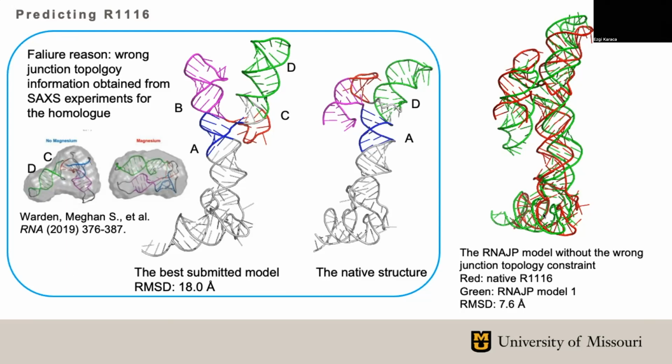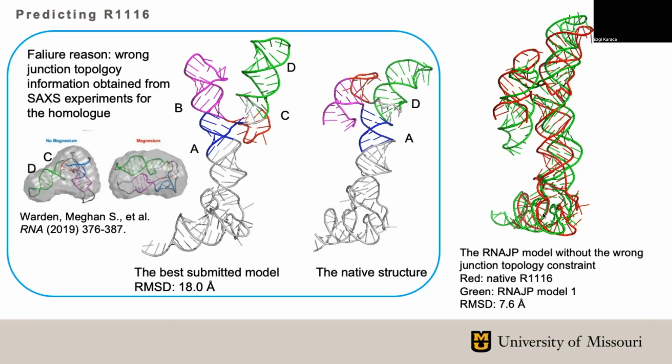That's what the Sachs data shows. So we took that data. We blindly trusted the experimental data. In our prediction, we forced A and B, C and D to coaxially stack. In the native, correct structure, actually they don't. It's the other way, A and D, B and C. So that's why we screwed up this whole prediction.